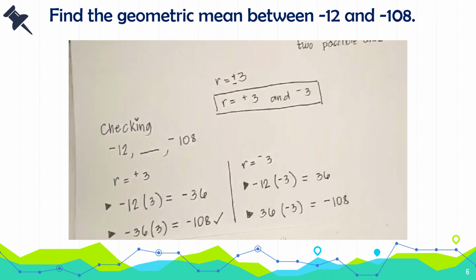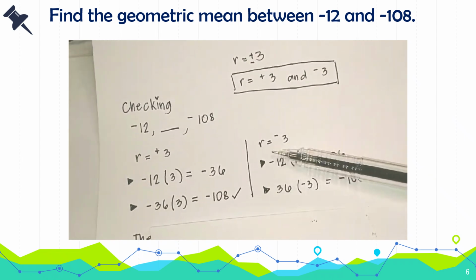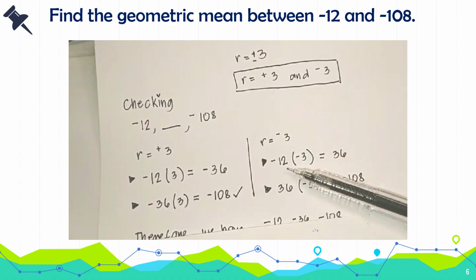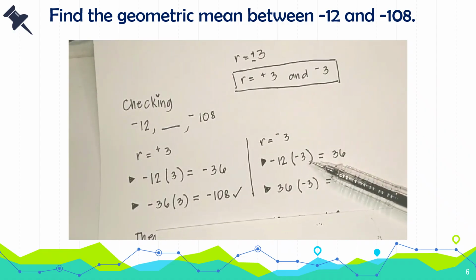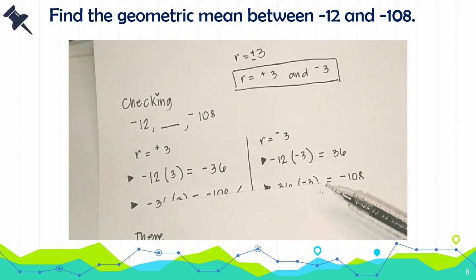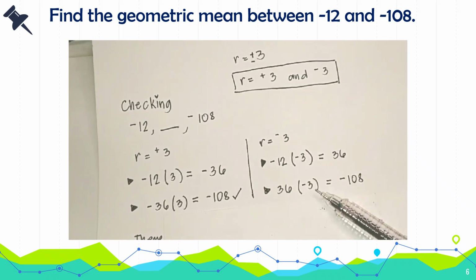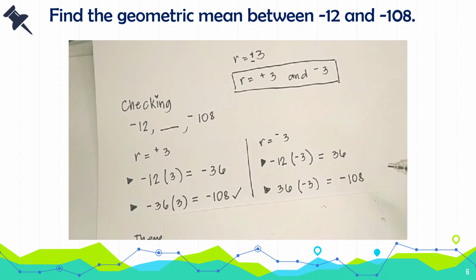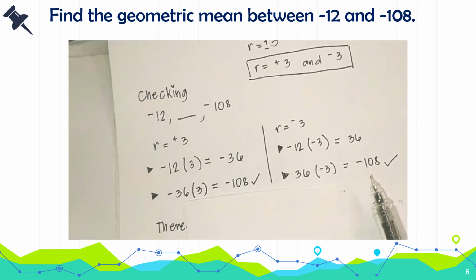Now let's do the same when r is negative 3. Negative 12 times negative 3 will give us 36. Positive 36 times negative 3 will give us negative 108. This is still correct since we still got the third term that is negative 108.